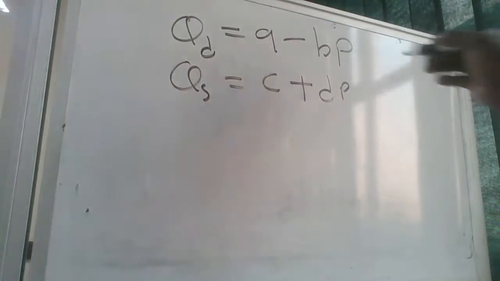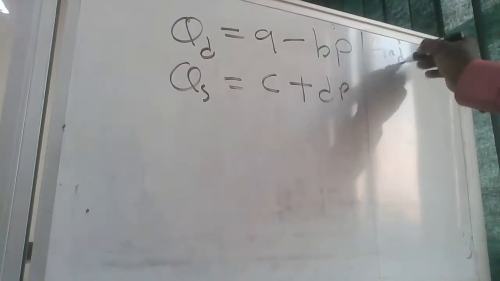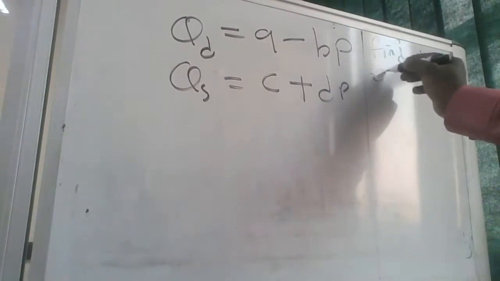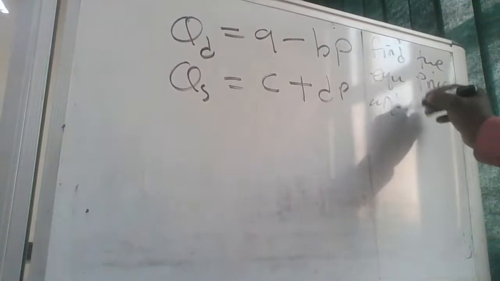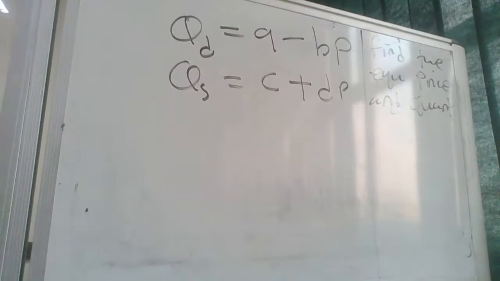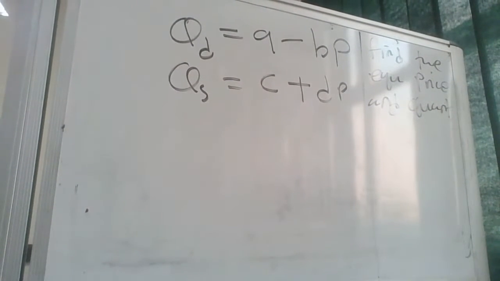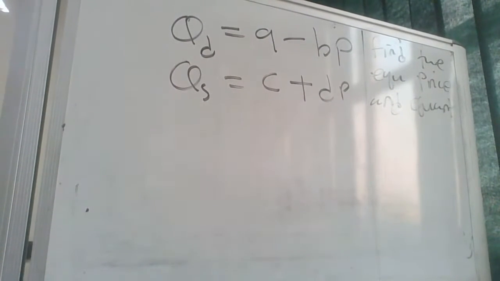The question is find the equilibrium price and quantity. We mentioned that the market is in equilibrium if the quantity demanded is equal to the quantity supplied, or if the demand is equal to the supply.